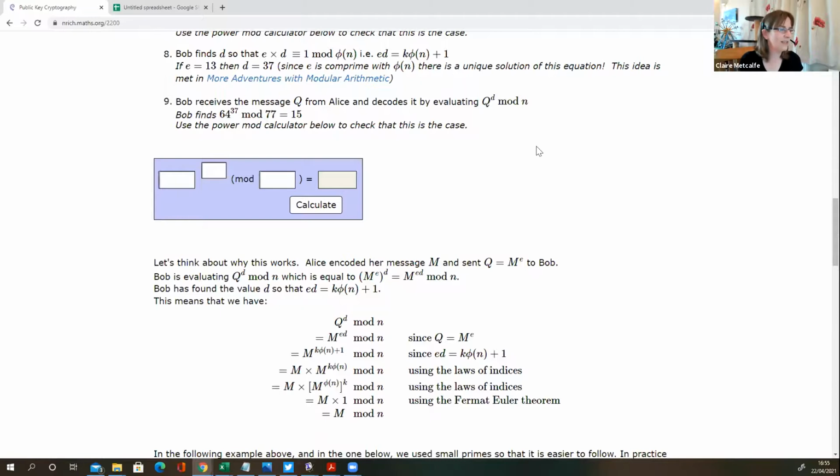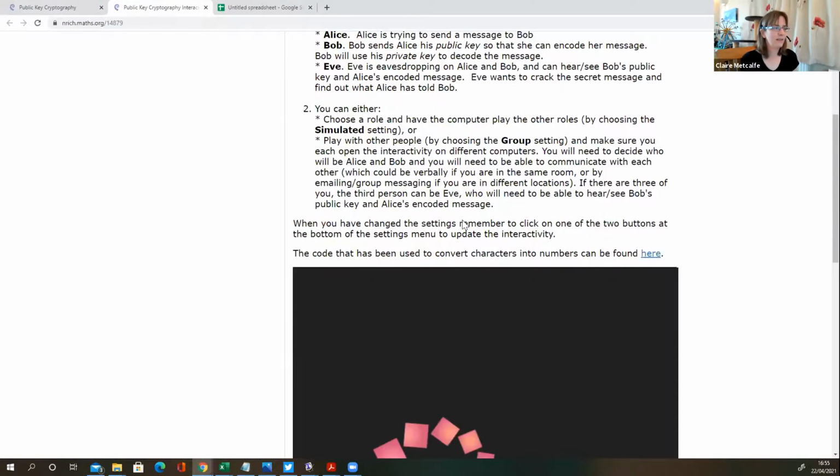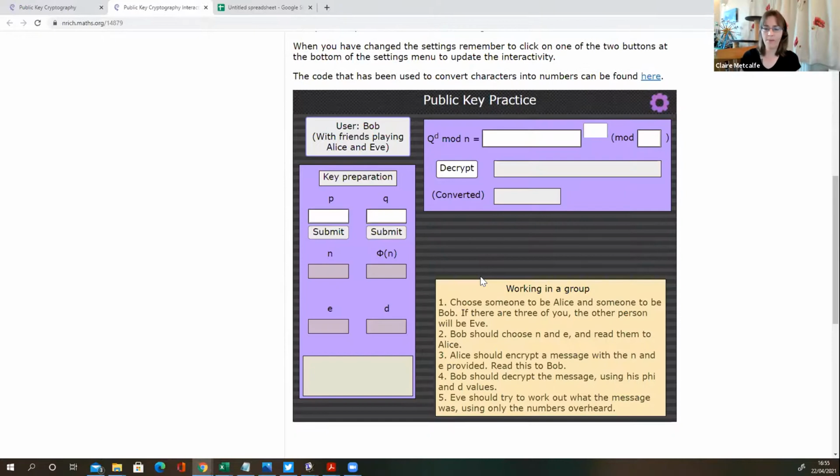But the exciting thing is the interactivity that we've developed so that you can actually try this out for yourself. There are a couple of ways that you can play it. You can do it in a classroom situation where you set 3 people to be Alice, Bob, and Eve, and Alice and Bob try and send a message between them, and Eve sees what they're saying to each other and tries to crack it.